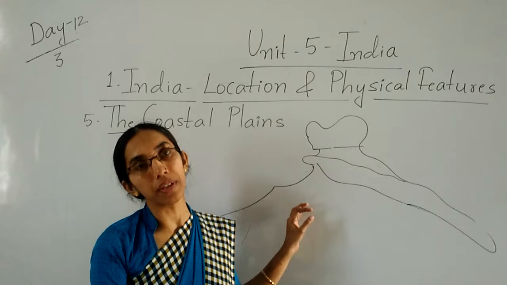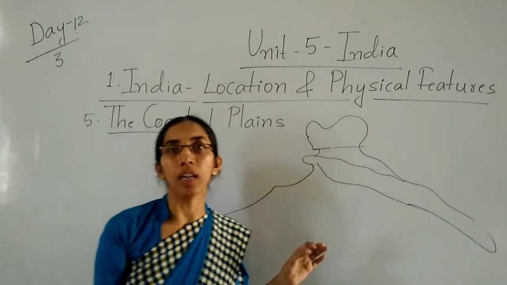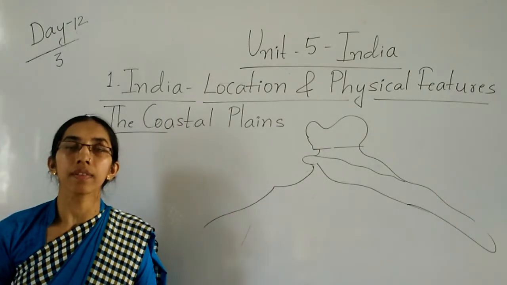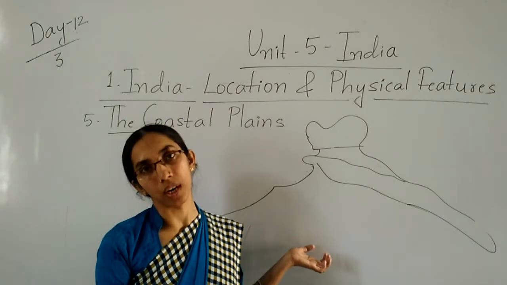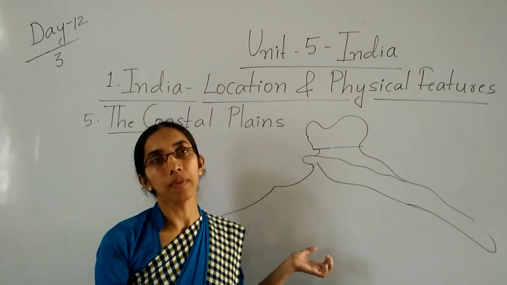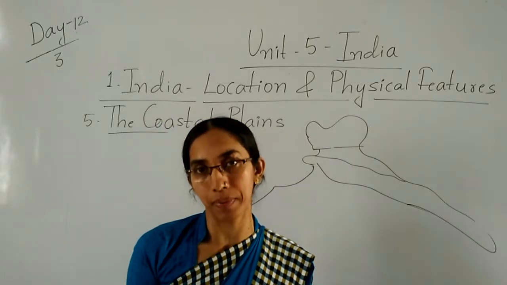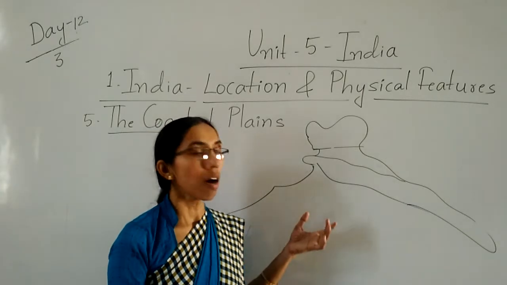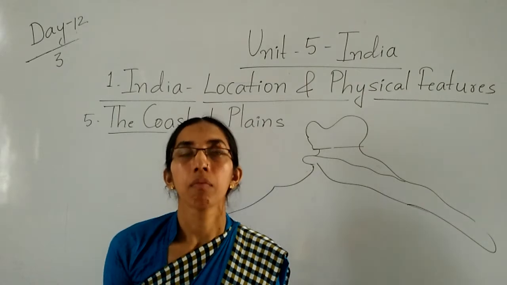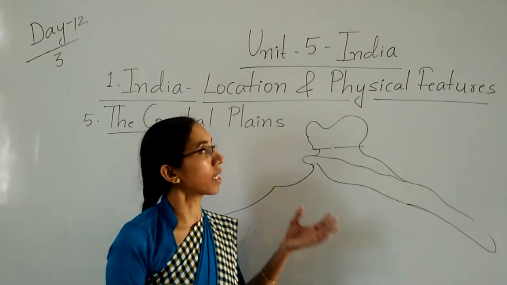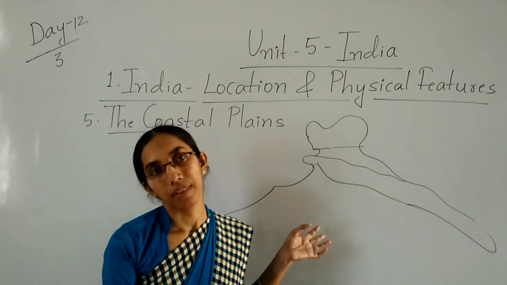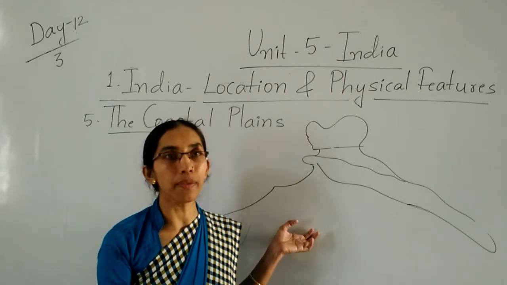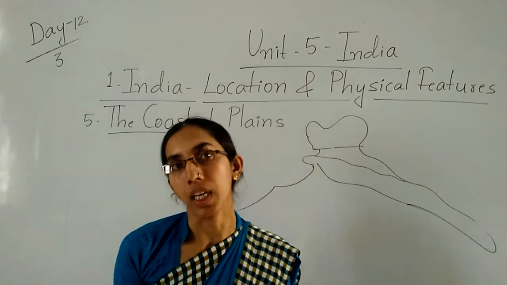Because of this fertile soil, the population here is more. We can do more cultivation and cultivate a number of crops. So the Indo-Gangetic Plain is densely populated because the soil is very fertile.